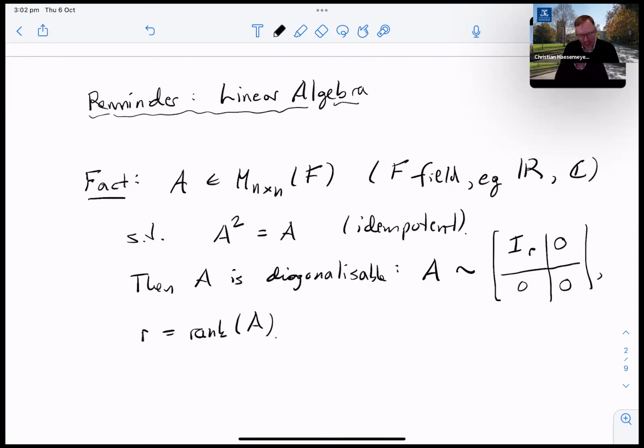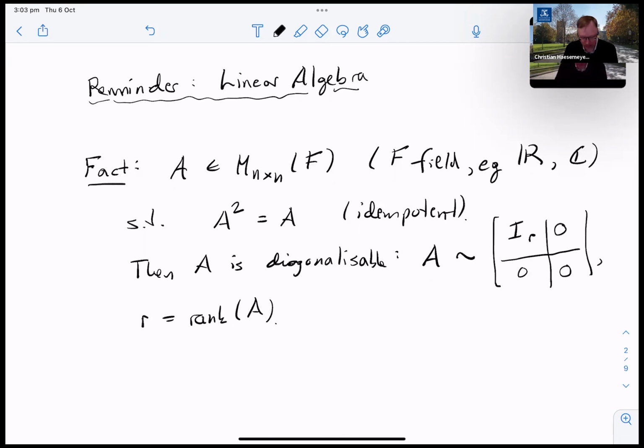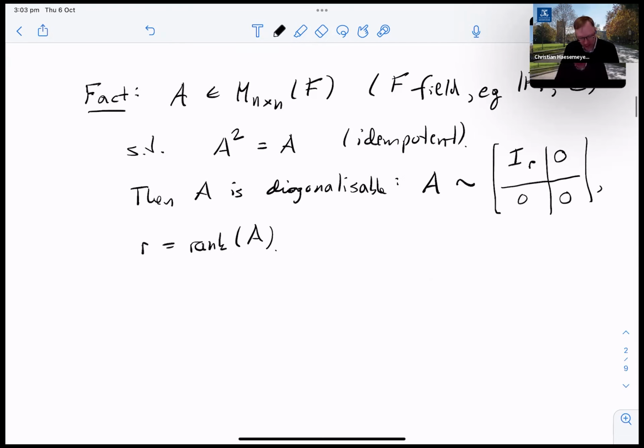And what I want to explain today is that this fact can be interpreted geometrically as saying that a vector bundle on a point is always trivial. So we'll see how we get there. First, I'll remind you how we prove this.